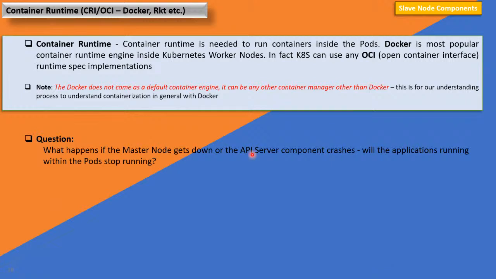So finally, you know the container runtime. I'm not going to discuss this because you already have learned about Docker. See, note that Docker does not come as a default container engine. It can be any other container manager other than Docker. So it is not mandatory. That can be an interview question: do you think it is always necessary to have Docker as your container engine?